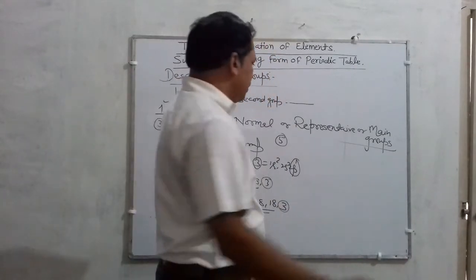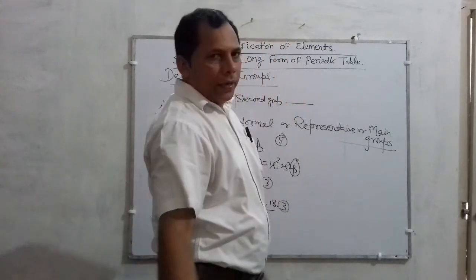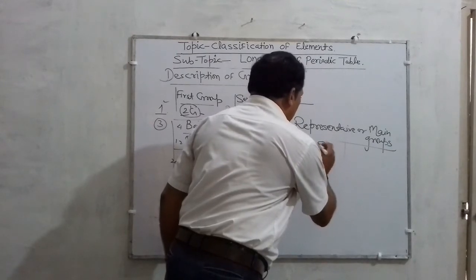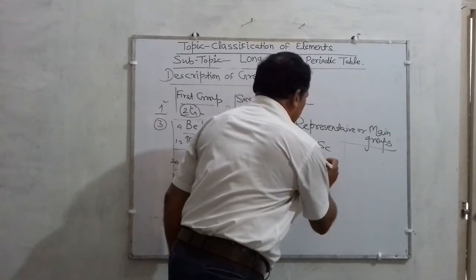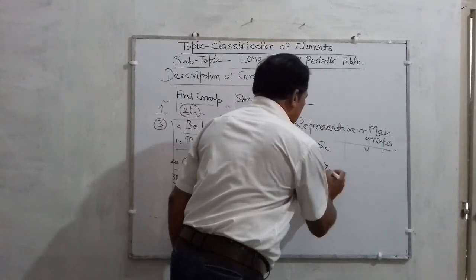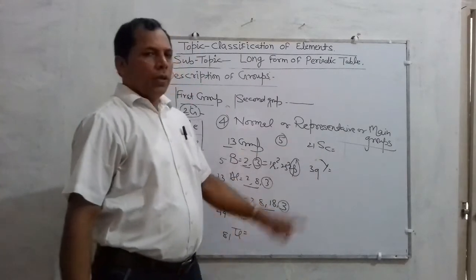suppose we have to write the configuration of the elements of group 3, that is scandium and yttrium, atomic numbers 21 and 39. They are in group 3.